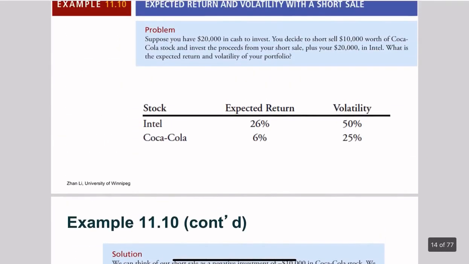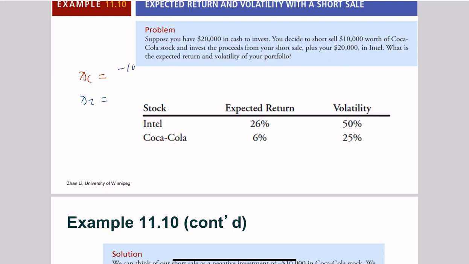So to solve this, we need to first find out the portfolio weights of Coca-Cola and Intel. So the portfolio weight of Coca-Cola is given by the value of Coca-Cola stock divided by the total value of your portfolio. So here you can see that Coca-Cola stock has a value of, importantly, negative $10,000.